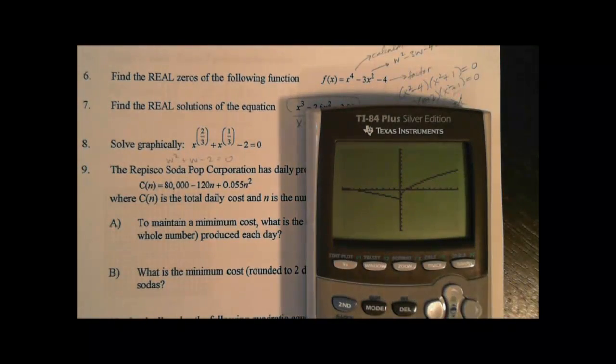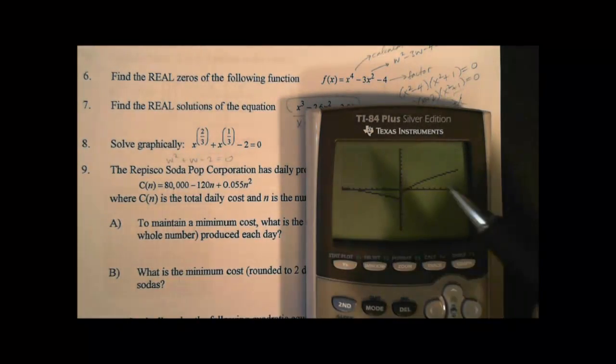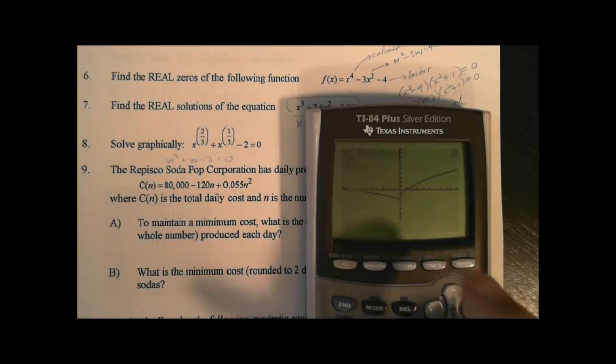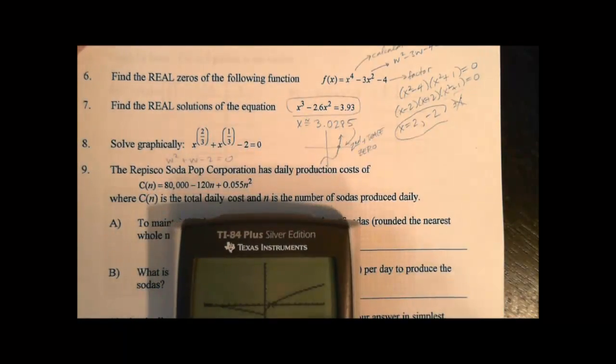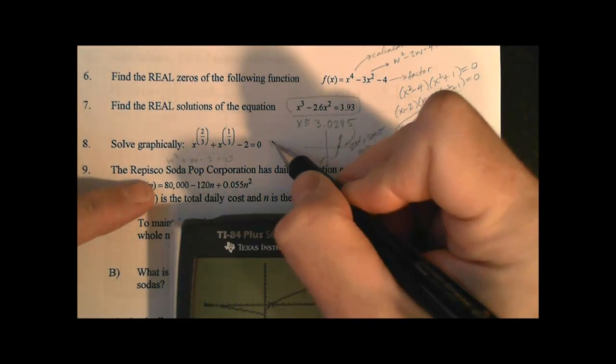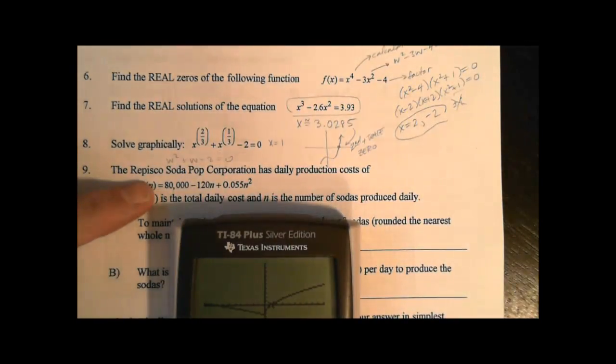So let's go ahead and take a shot at it. Well, we can certainly find this one. Second trace, 0. Left bound would be 0, and a right bound might be, say, 3. And one solution is at 1, 0, and it looks straightforward enough. X equals 1.